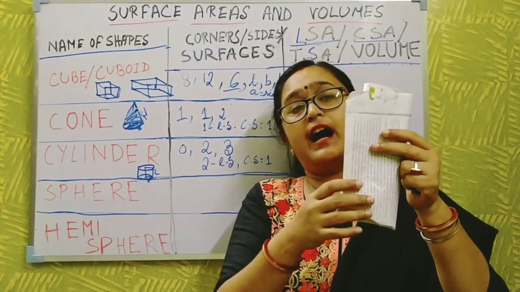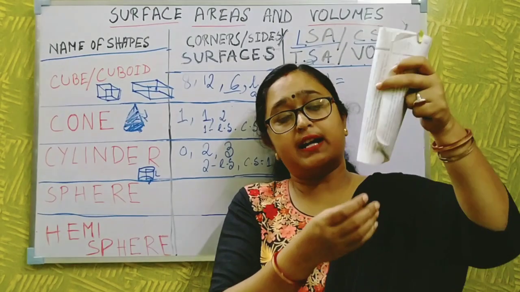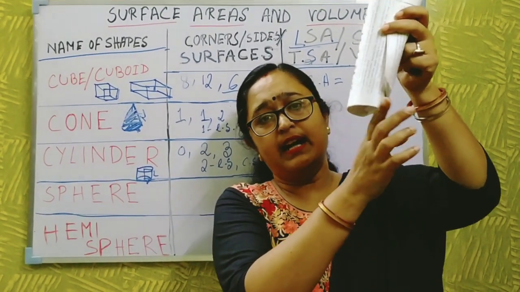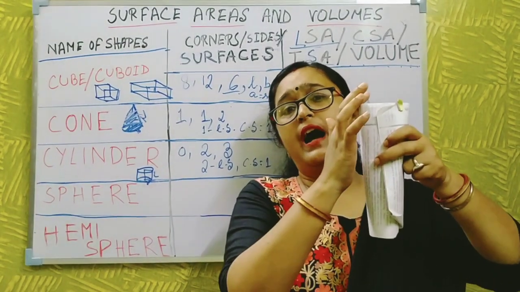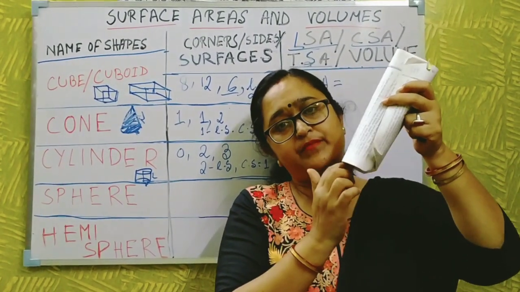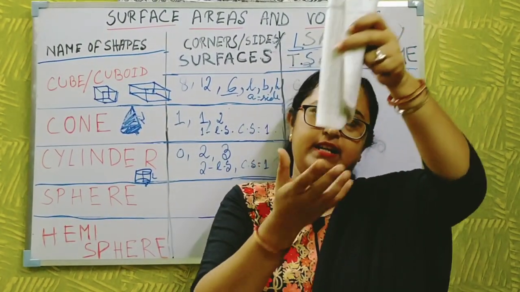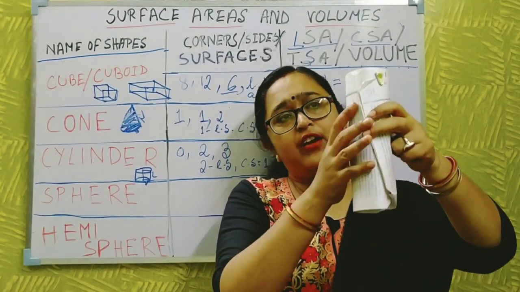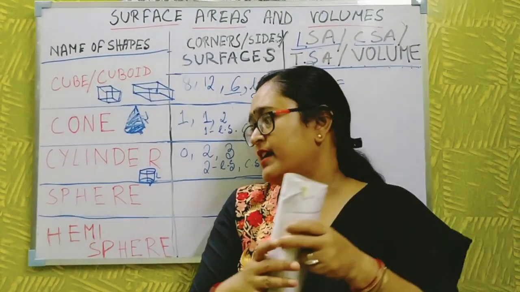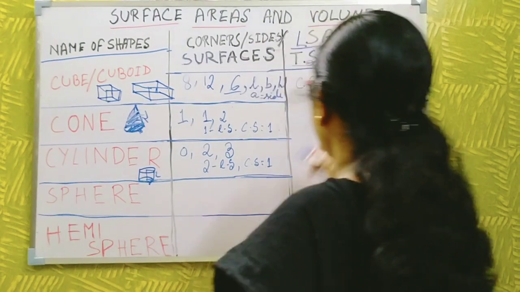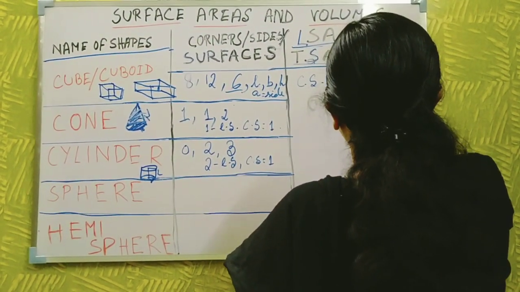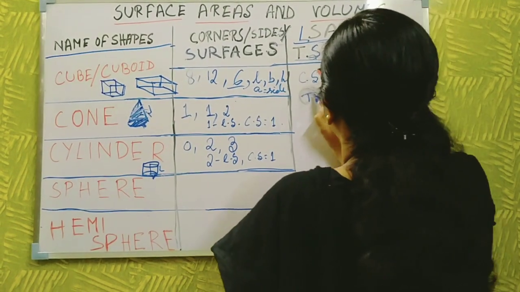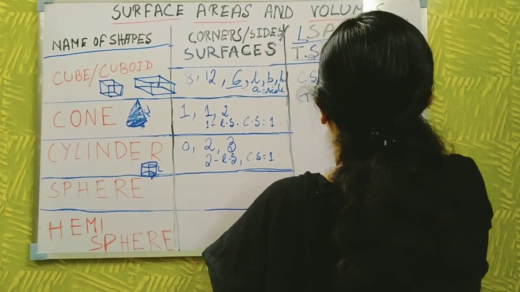Then the curved surface area becomes the circumference of the circle times the height. Here, this is the curved surface area. The circumference of the circle is 2 pi r and the height is h. Then now the total surface area.